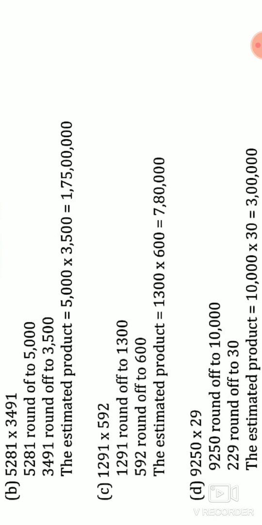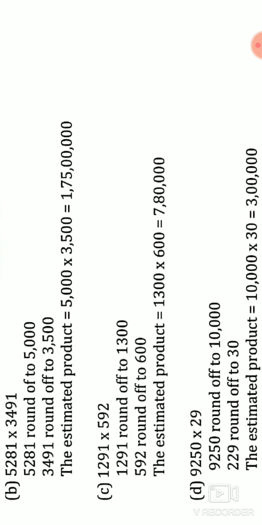Therefore multiply 1300 into 600. Here in 1300, 2 zeros are there. In 600, 2 zeros are there. Therefore 2 plus 2 is 4 zeros as it is. Therefore write 4 zeros as it is. The remaining numbers are 13 and 6.